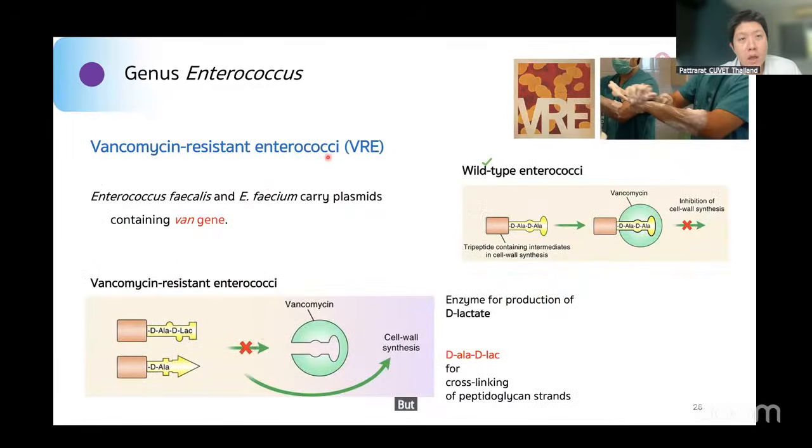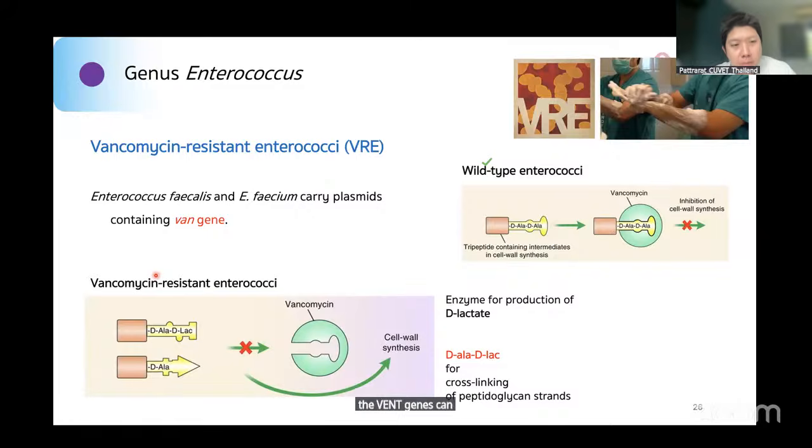But Enterococcus can develop resistance to vancomycin. We call it vancomycin resistant enterococci, or VRE. The two most common species, including E. faecalis and E. faecium, can acquire the plasmid containing the Van genes.